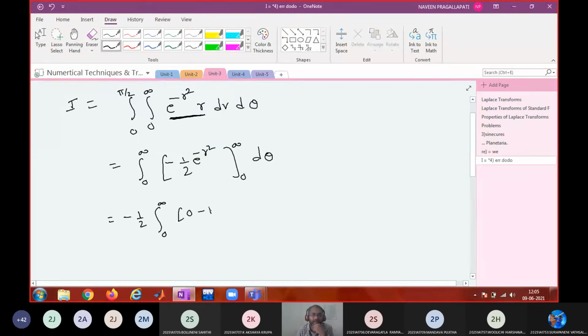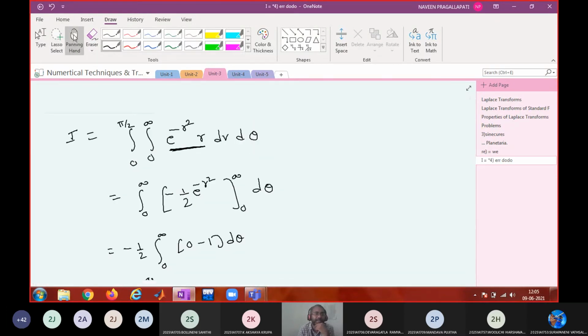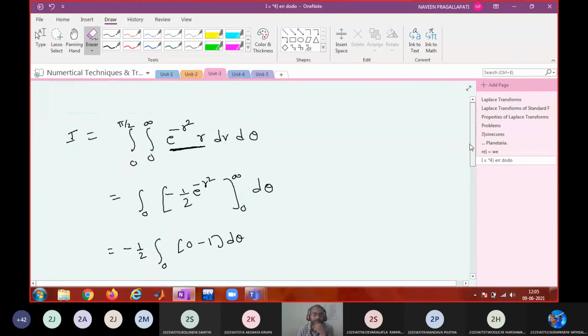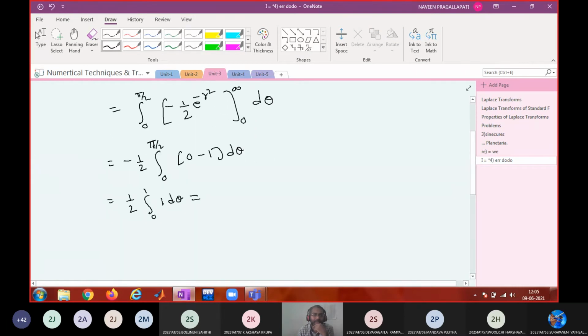So this is the integral with respect to d theta. Minus into minus is plus, so 1 by 2 times the integral of 1 d theta. Sorry, this is not 0 to infinity. There is a mistake here. The limit is 0 to pi by 2.